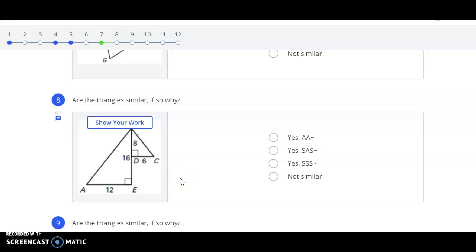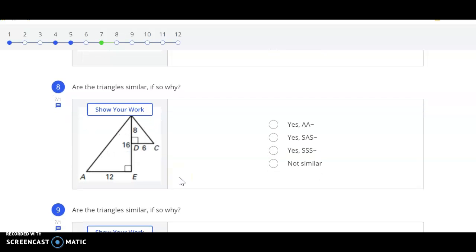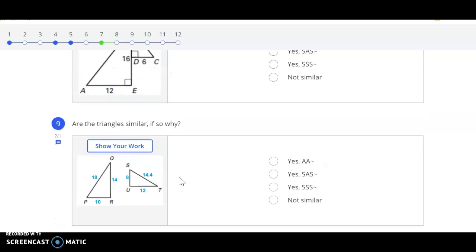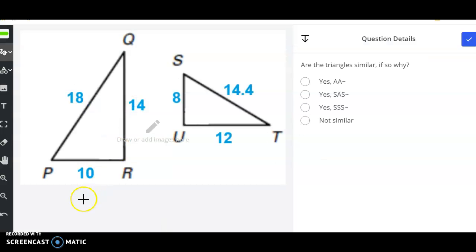Okay, so the same thing, you're just looking at why the triangles are congruent for the last couple of problems, 7, 8, and 9. On 9, make sure you go ahead and click in here and you check your ratios. So go ahead and set up those fractions and check to make sure that those divide to be the same number.